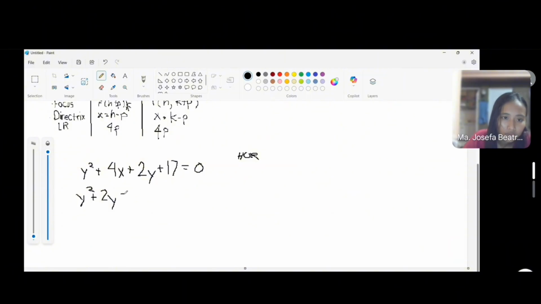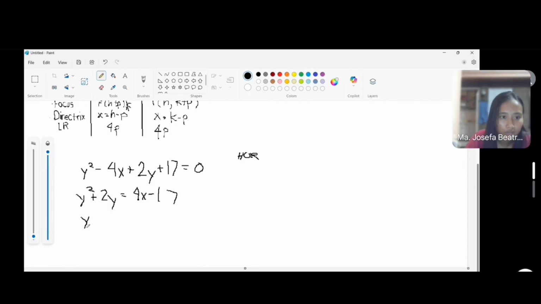So as you can see, y squared plus 2y then equals 4x plus minus 17. I'm sorry. So as you can see, the signs changed since we transferred the left hand side's one into our right hand side. I'm sorry, the 4x is negative 4x.